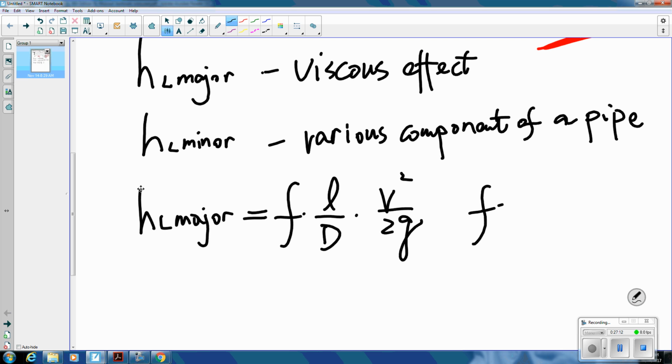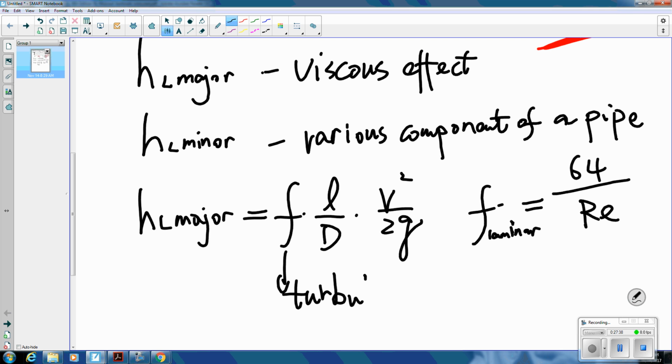We already talked about how for laminar flow this friction factor equals 64 over the Reynolds number, which means that as the Reynolds number increases, the friction factor decreases, right? So please read the rest of section 8.4 to see how we treat this friction factor for turbulent flow.